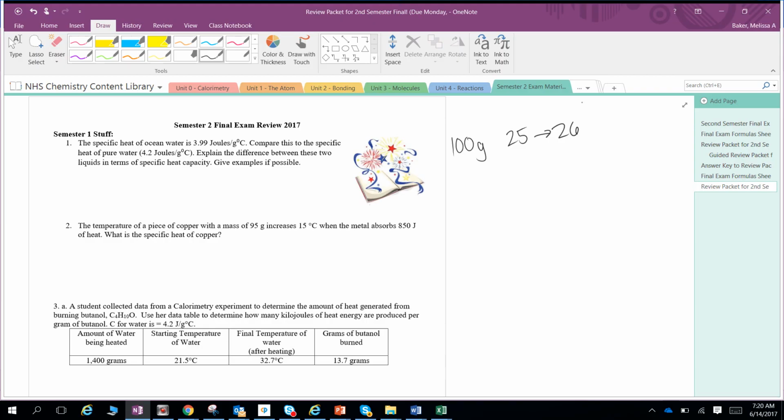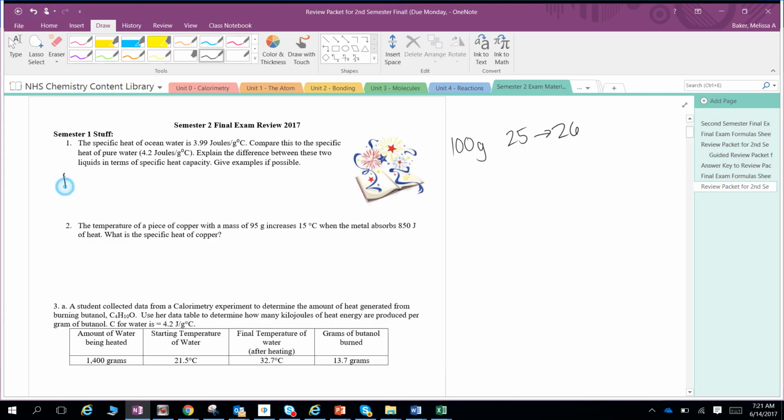So let's take a look at this specific question. It says the specific heat of ocean water is 3.99 joules per gram degrees Celsius. So it takes 3.99 joules to heat up 1 gram of ocean water by 1 degree Celsius. It takes more energy to heat up pure water, 4.2 joules. So explain the difference between these two liquids.